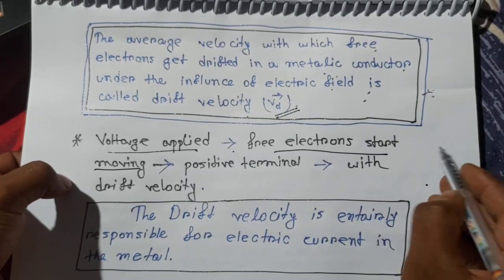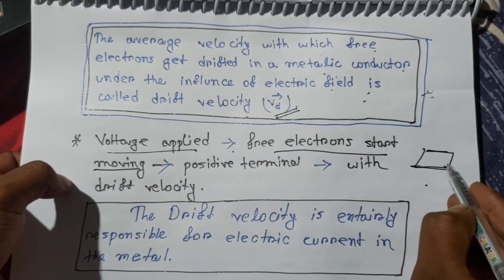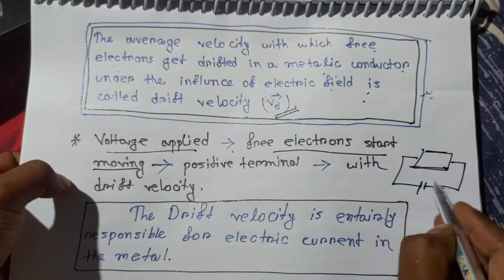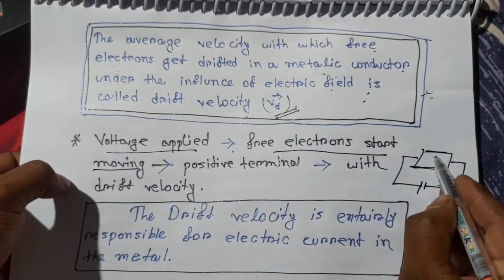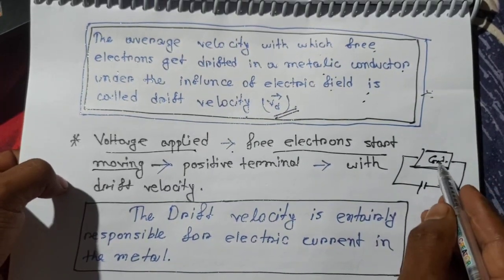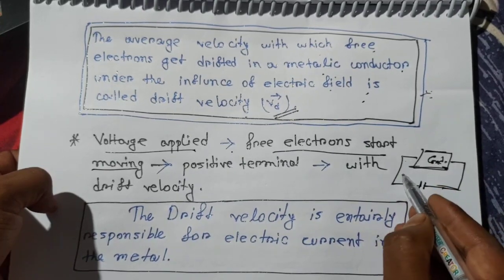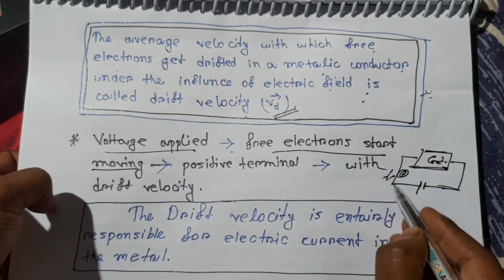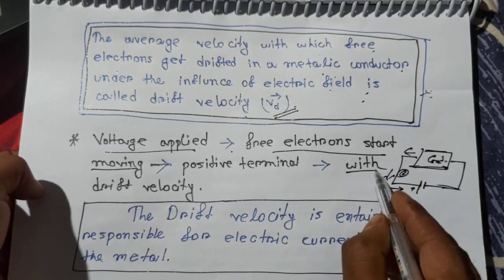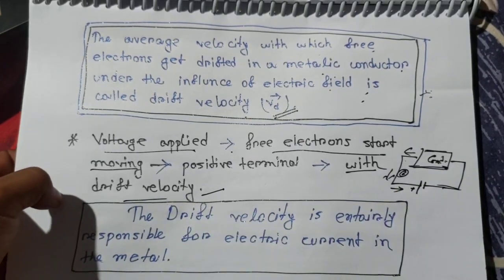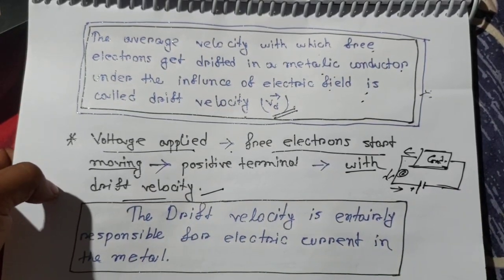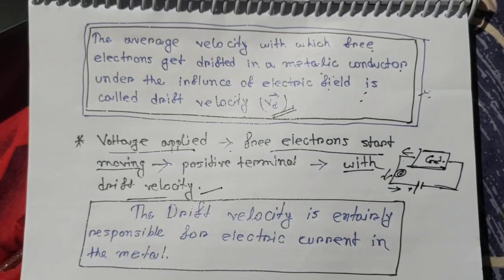Voltage is applied to this conductor, then free electrons start moving in this direction, coming towards the positive terminal with a velocity that is called drift velocity, and drift velocity comes because of the voltage applied.